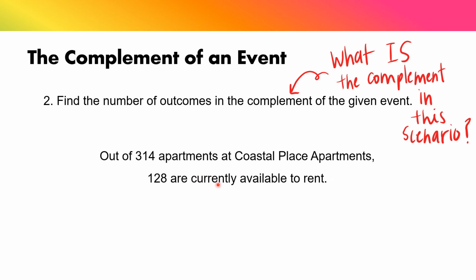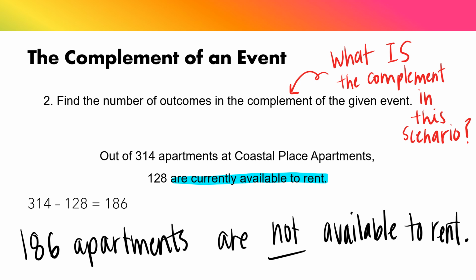We're looking at apartments that are currently available, so the complement would be apartments that are not available to rent, or you could say occupied. So you're just going to take 314 minus 128, which is 186. So 186 apartments are not available to rent, or are occupied.